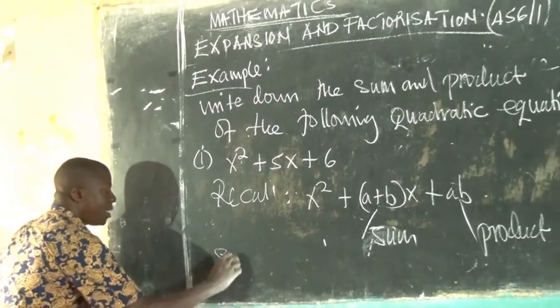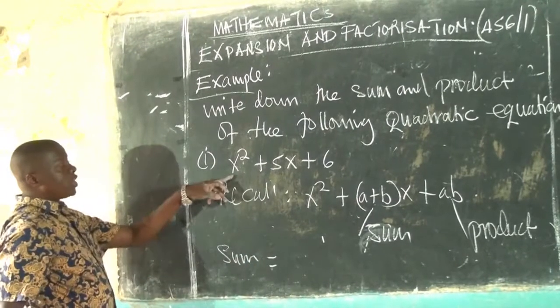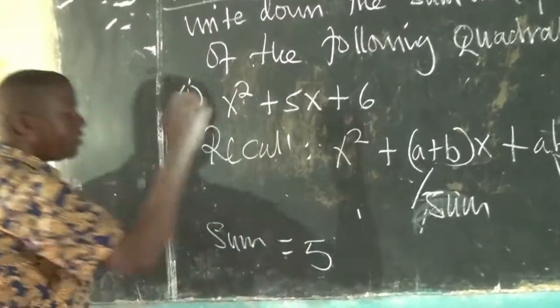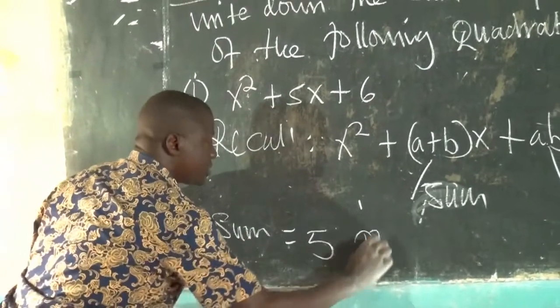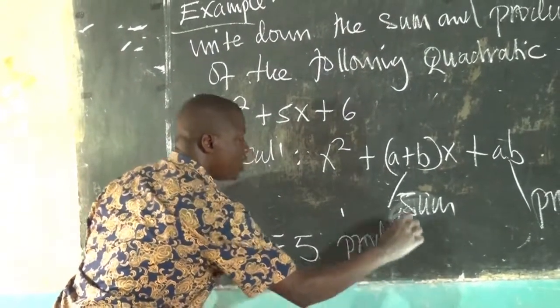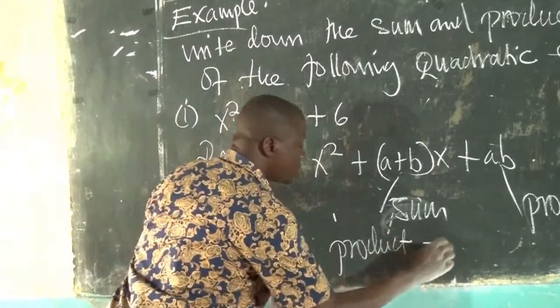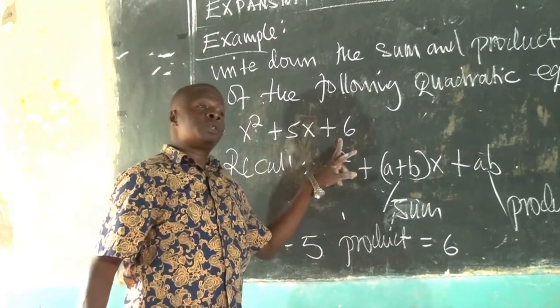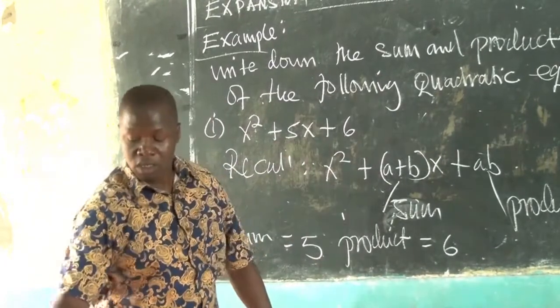Therefore, the sum of x squared plus 5x plus 6 is 5, and the product is 6. The constant is always the product.